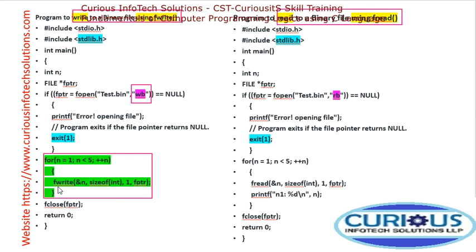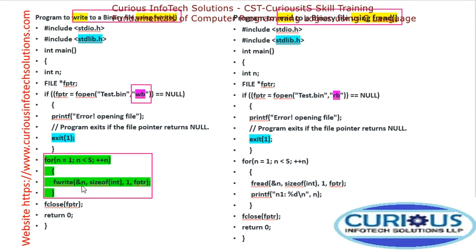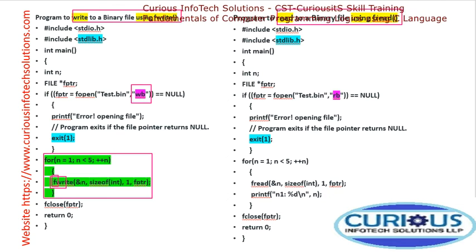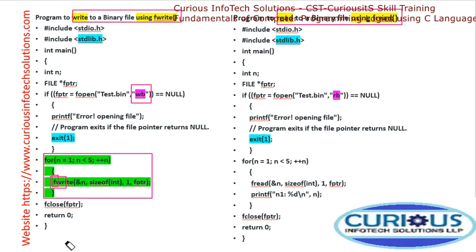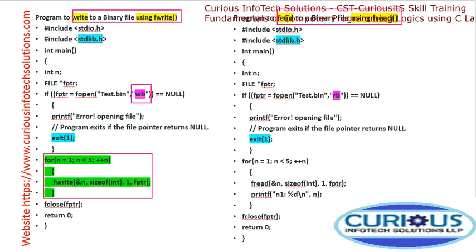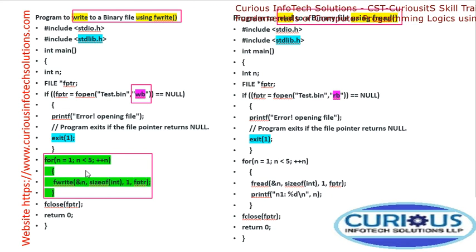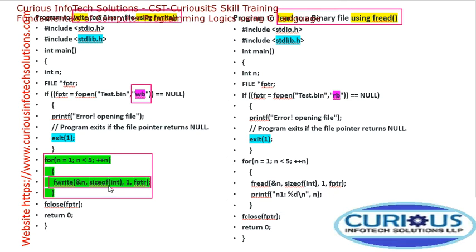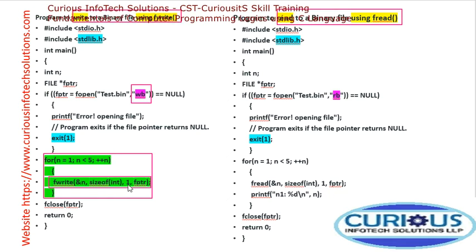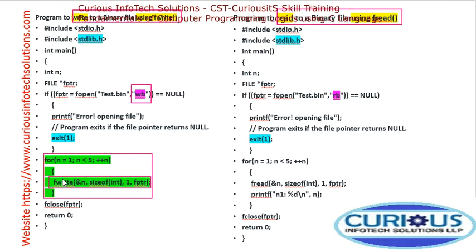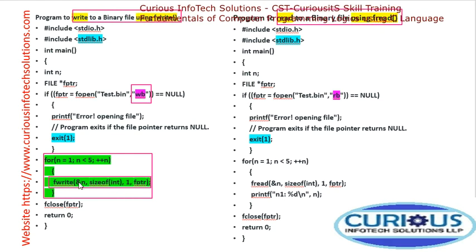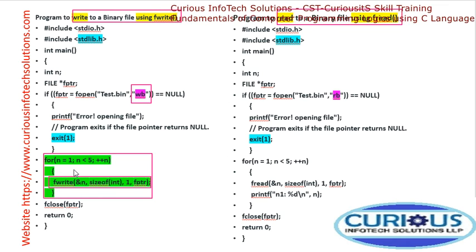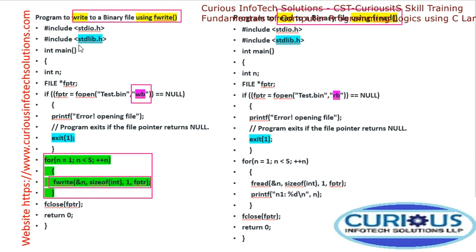So we will use fwrite. For fwrite, we will use the address of n, then the size of int, and 1, and the fptr. By this syntax we are able to write one single value of n, and this 4 times. The 4 values we will write in a file.